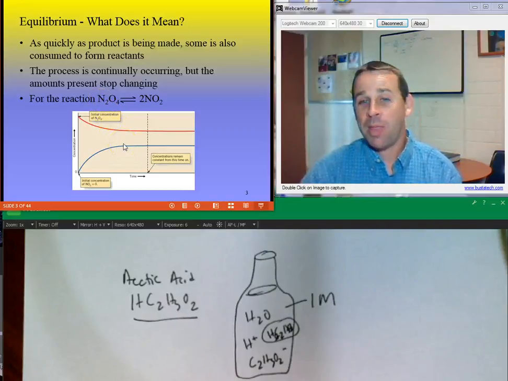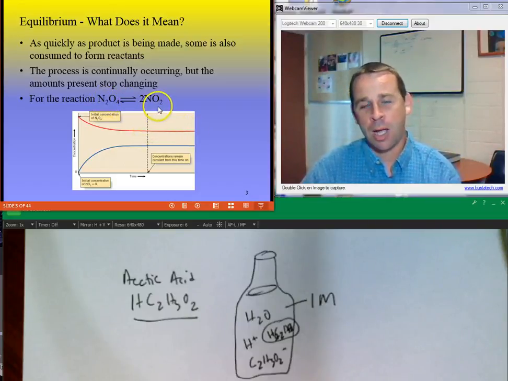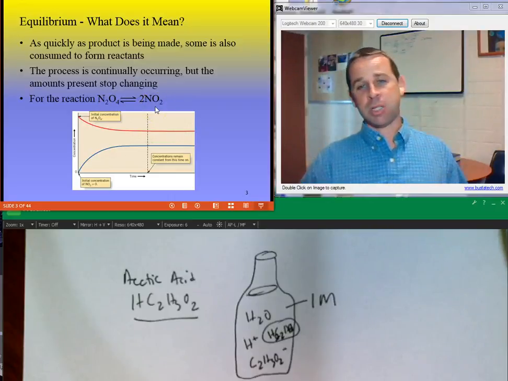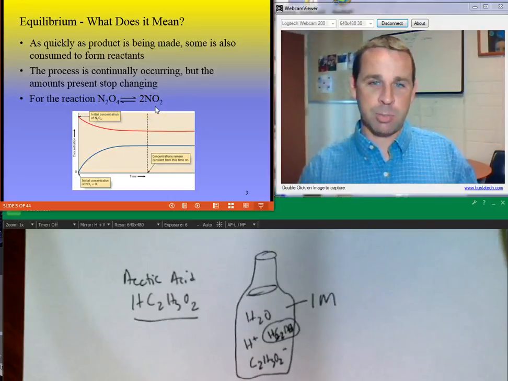All right? And when that occurs, then you get an equilibrium. And so here we say we've reached equilibrium at this dotted line, and from this point on, the relative concentration of N2O4 and NO2 are going to stay pretty much the same. The concentrations aren't going to change much.